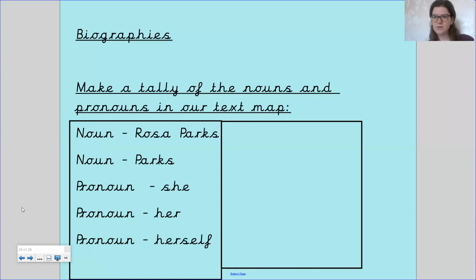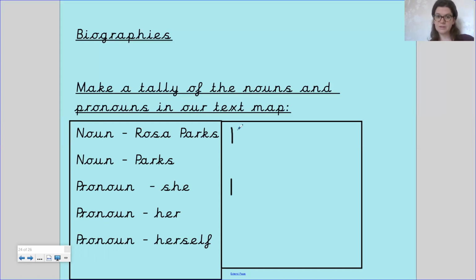Every time you see the noun Rosa Parks, you're going to put a line next to it. If you see the pronoun she, you're going to put a line next to she. And you're going to carry on doing that all the way down to the bottom of the text map until you've got a tally. So you know how many times the text map says Rosa Parks, how many times it says Parks, how many times it says she, her, and herself, okay?